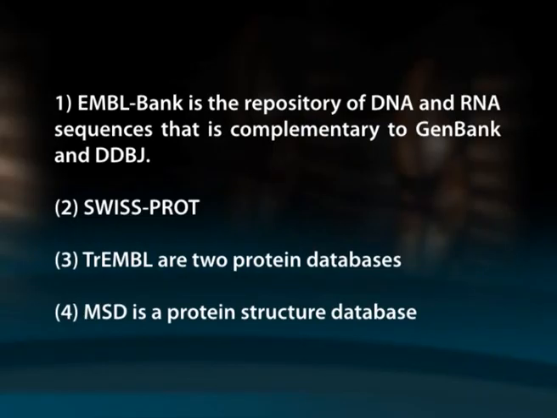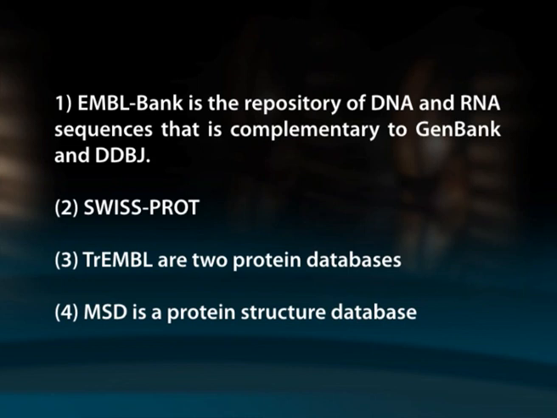EBI features six core molecular databases, which are as follows. Number 1, EMBL-Bank is the repository of DNA and RNA sequences that is complementary to GenBank and DDBJ. Number 2, Swiss-Prot, and Number 3, TrEMBL, are two protein databases.